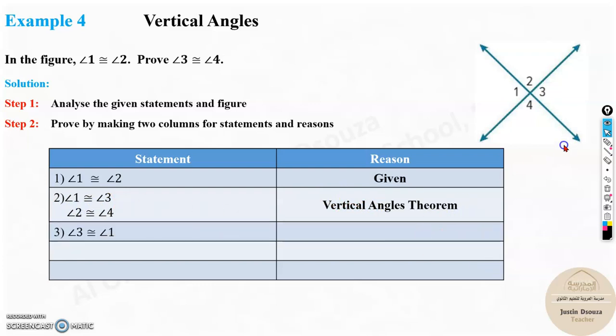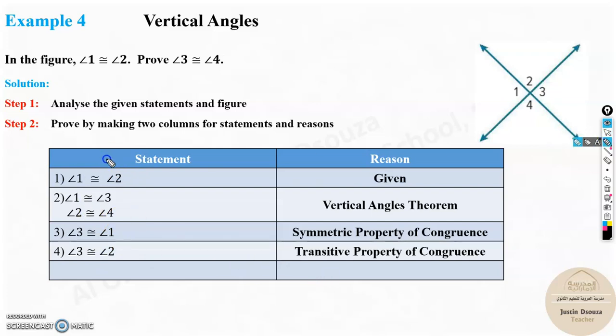Okay, so what next? 3 and 1 are congruent because they are vertical angles, right? And now this is what we have written as the symmetric property, because over here 1 and 3 was written. Now we just swap them. 3 and 1, this is the symmetric property. Okay, now look over here. We are just writing that 1 is congruent to 2, right? So we will write this by the transitive property.